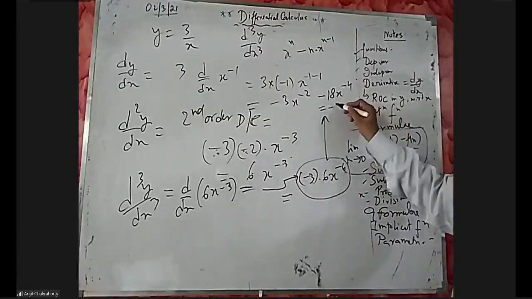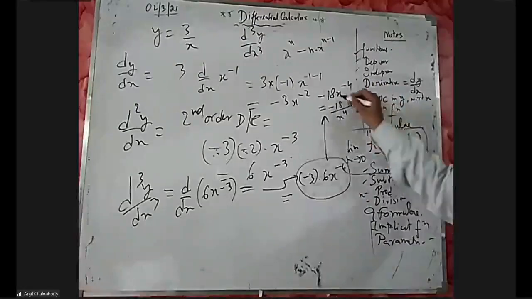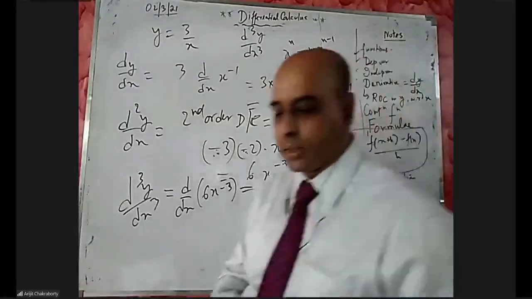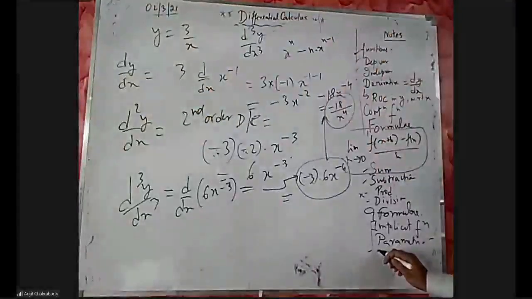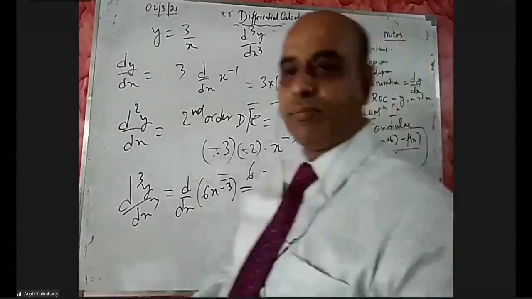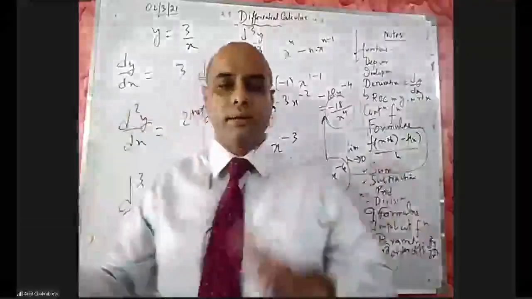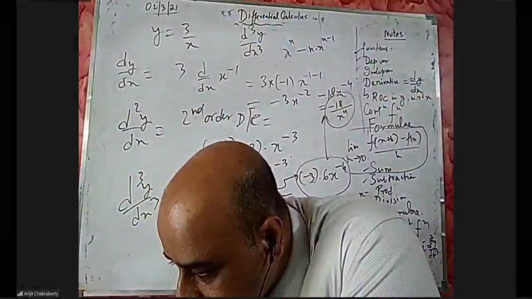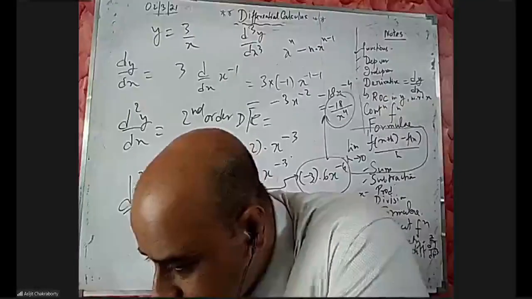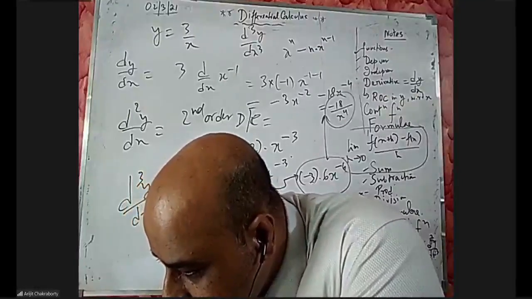Or you can write it as minus 18 divided by x to the power 4, whichever way. So this is the third order differential we have done. After the parametric function, we have covered the third order differential, that is d cube y by dx cube. I'm keeping track of everything which we are completing, so that there is no confusion later on that something is not done, something is done, whatever it is. Okay. Yeah, many of you have got it. Ananya, Shivangi, correct.